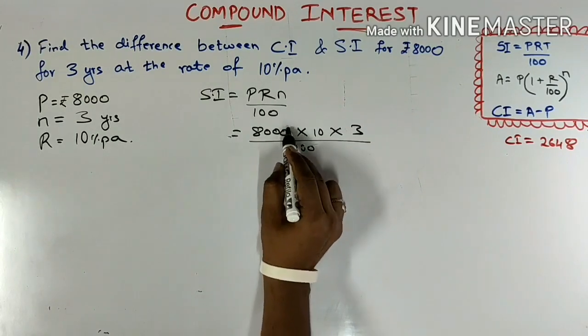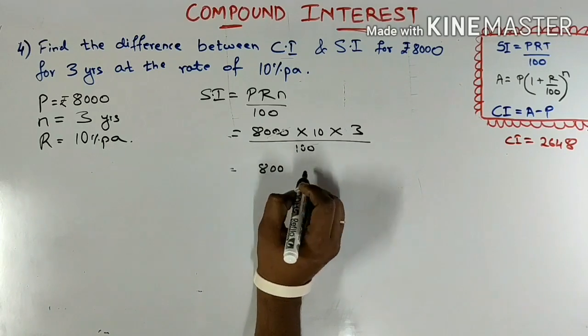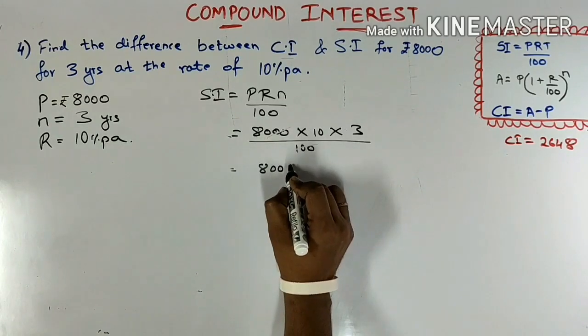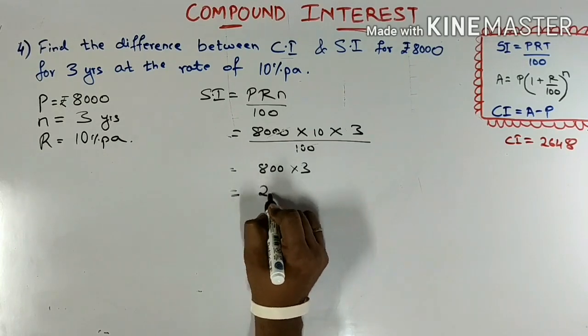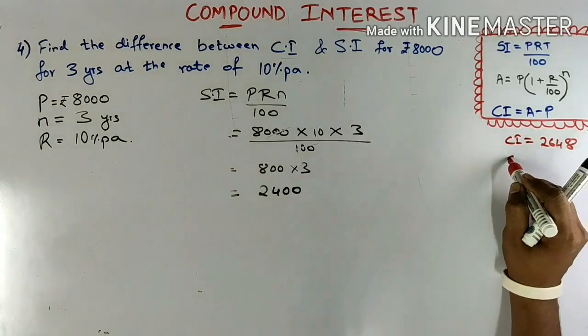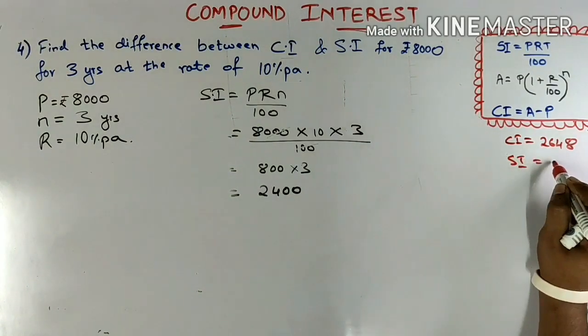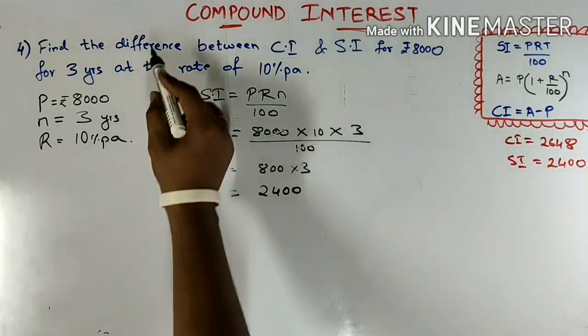Let's simplify it again. So we have 800, 80 into 10, 800 into 3, which gives me 2400.